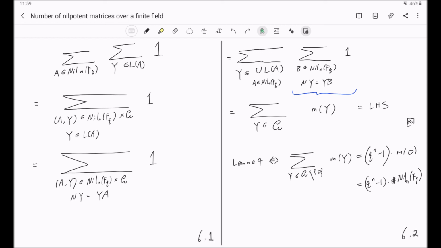What we will do next is that we are going to grade this by the rank of the matrices Y that are admissible. So let me write this down. We will grade this by rank of Y's, which will be reflected in our next lemma, the lemma 5.